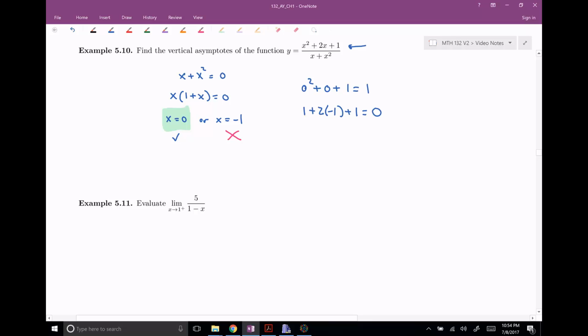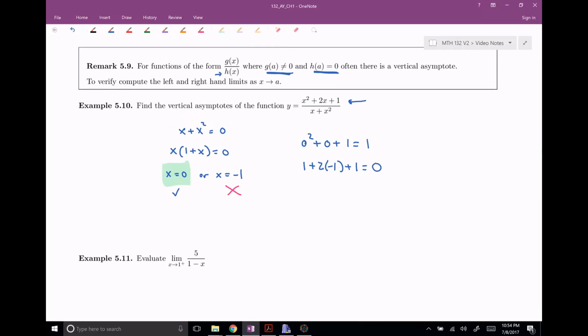Moreover, let me show you another way that we can look at this. Fully simplifying usually gets rid of the things that are not vertical asymptotes. If I factor the denominator, I get this. If I factor the numerator, this is going to be x plus 1 times x plus 1.